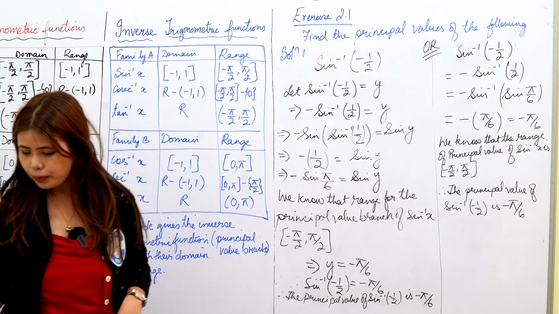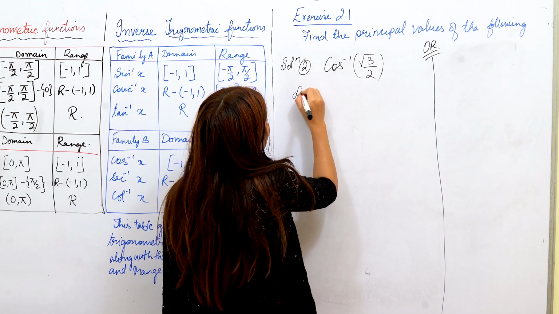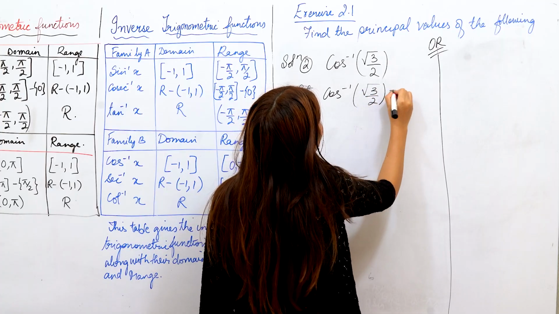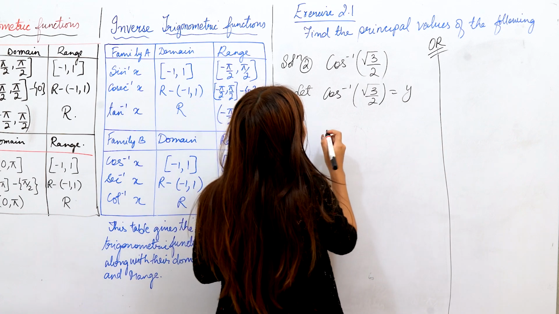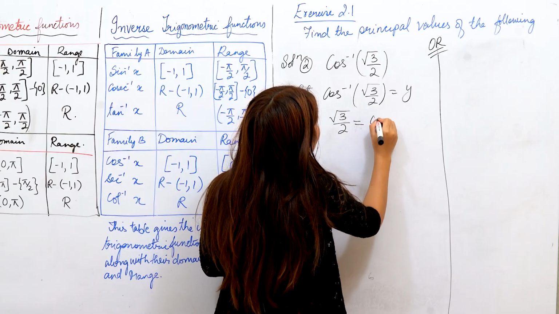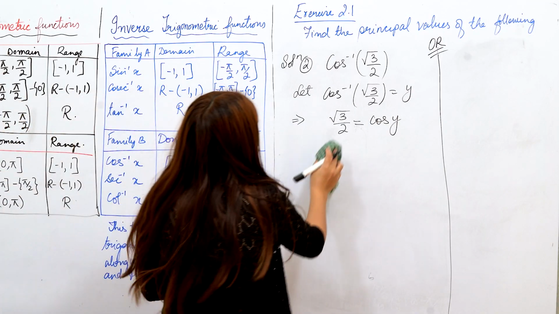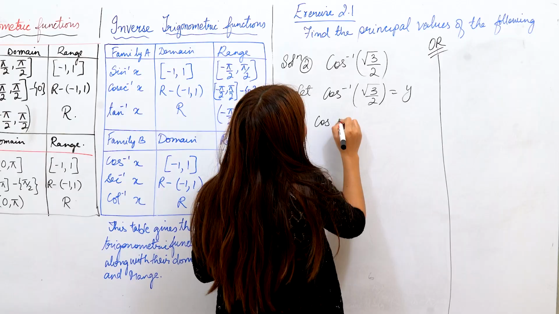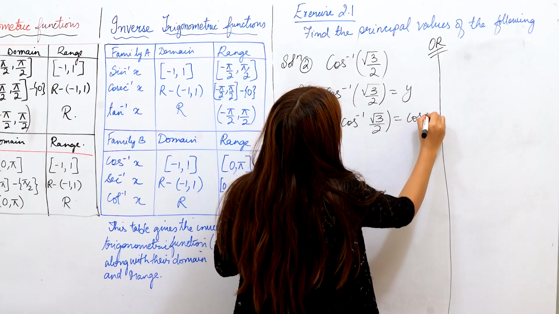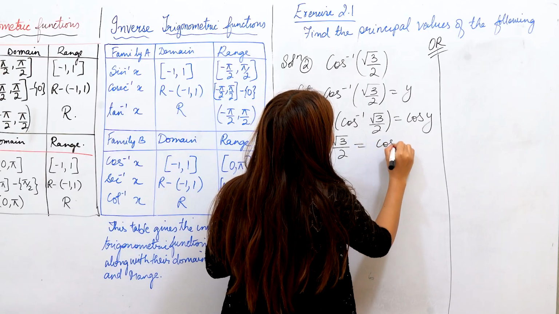Now, question number 2. Let cos inverse of root 3 by 2 equal y. This implies root 3 by 2 equals cos y.